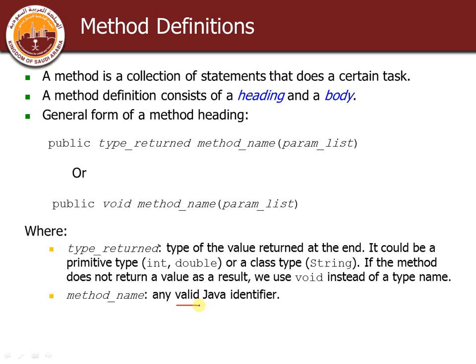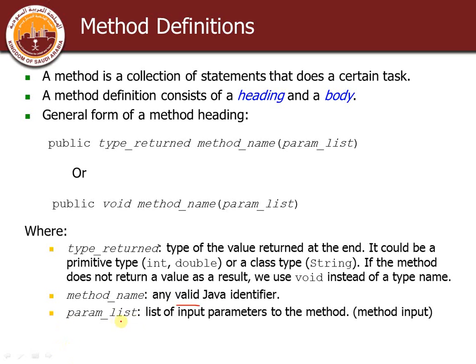It consists of letters, numbers, and underscore, and does not include keywords. Exactly, Java keywords like int. For example, I cannot name a variable as an int. I cannot name a method as an int because int is a reserved keyword. Very good. So these are the three conditions.